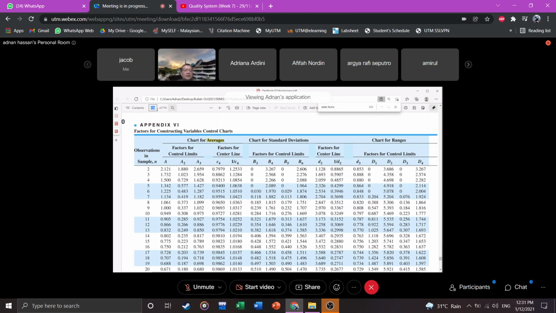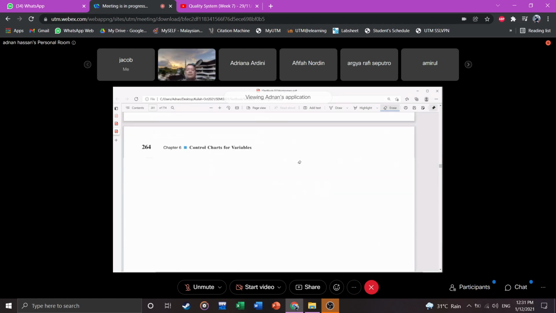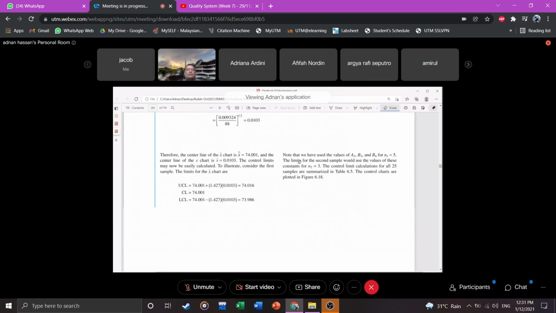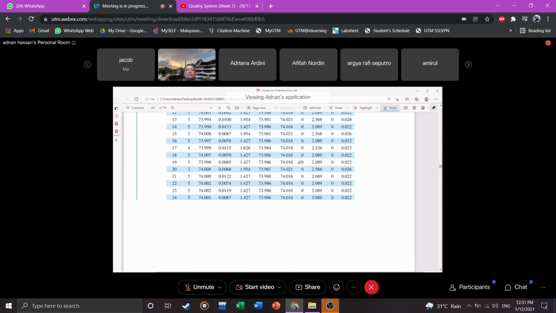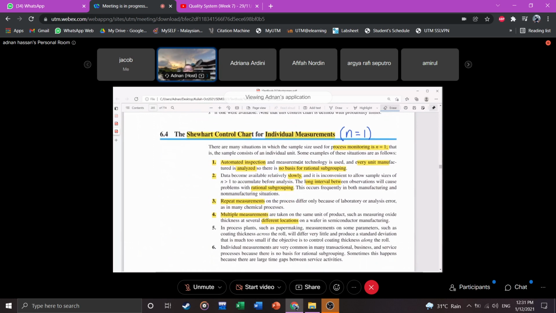Okay, I go back to page, I think 280, somewhere there. We have here, don't confuse with this one. This is saying the sample size. I think that's the great confusion. This sample size here is where we are taking the sample for the purpose of process monitoring.